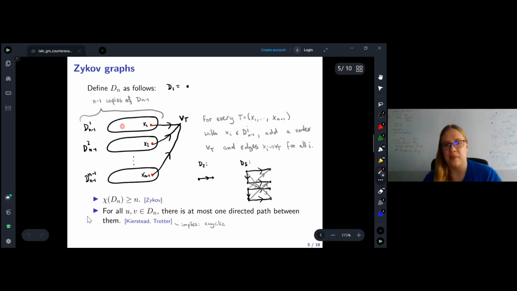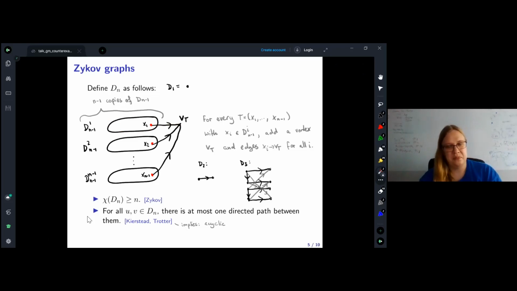And if I'm going from a vertex in a copy of Dn-1 to a transversal vertex, then I'm not using any of my other transversal vertices. So the only way to get into this graph is to use the one edge to my one neighbor in that copy. And then, well, the path from wherever I was to that in neighbor is unique by induction, right?